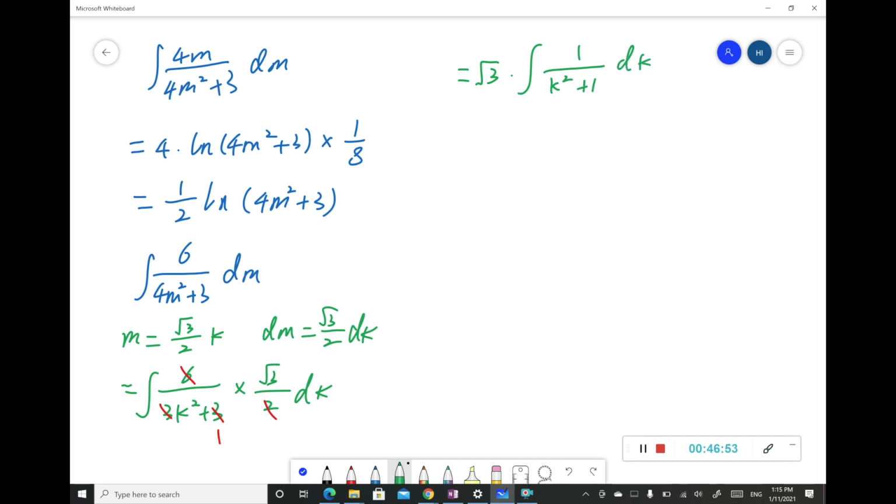We are very familiar with this one, so this one is just the arctangent. The integration of this one will be square root 3 times arctangent k.